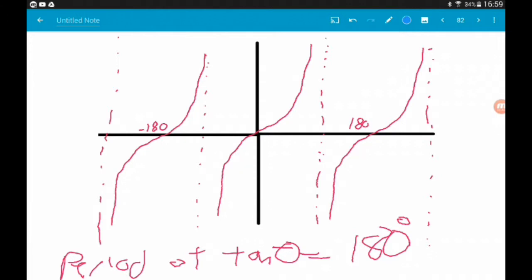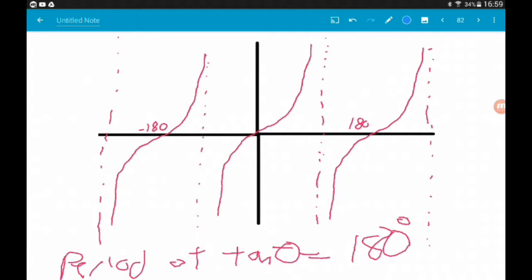Sine and cos both have a period of 360 degrees, which means it takes the graph 360 degrees until it repeats itself again. Tan has a period of 180 degrees. So the tan graph repeats every 180 degrees.